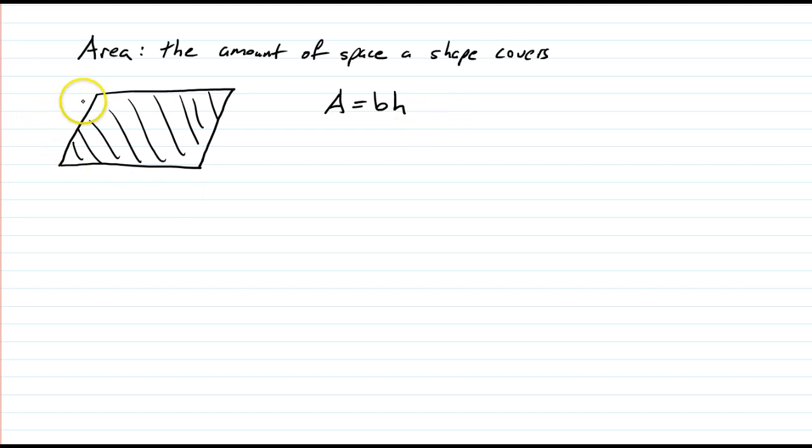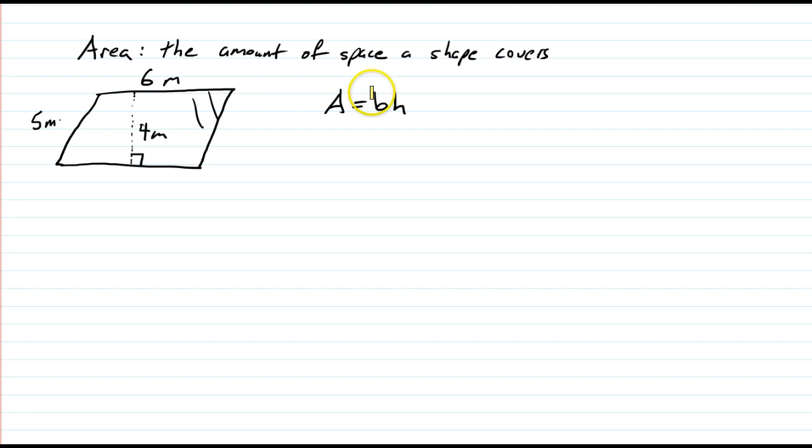So let's go ahead and say that this is 6 meters. Let's say that this side here is 5 meters. And let's say that this other dimension here is 4 meters.